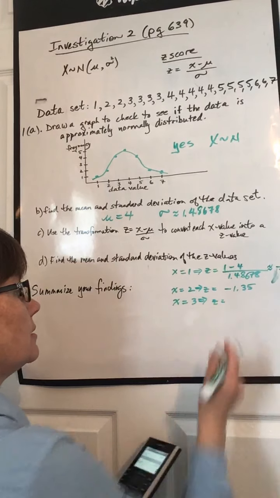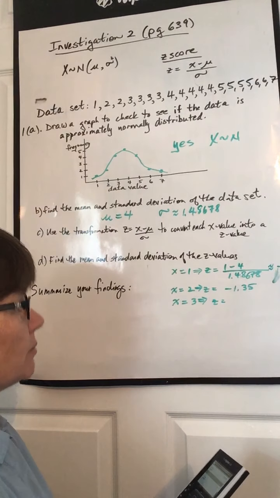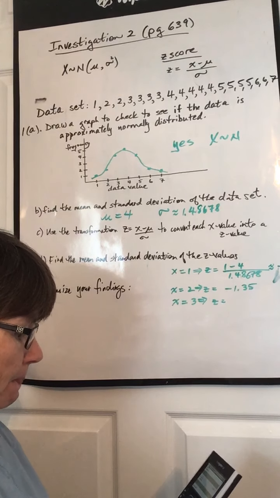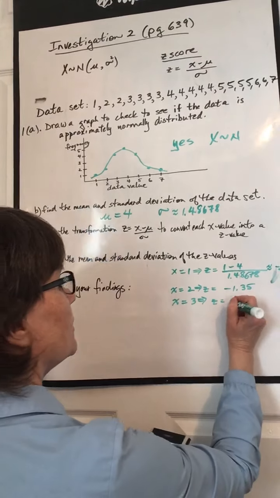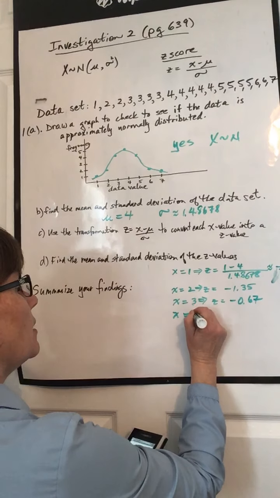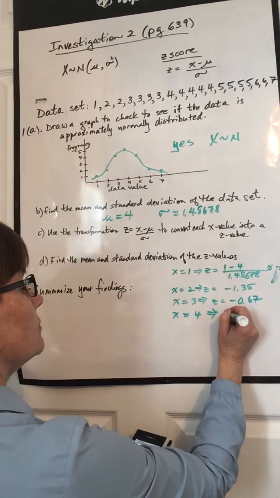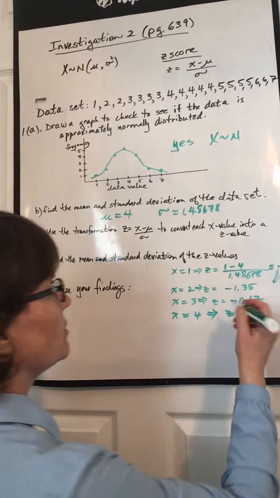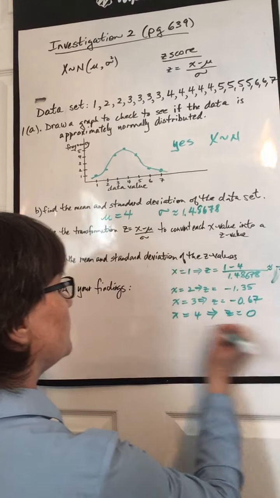Z is 3 subtract 4, which is negative 1, divided by 1.48678, which is negative 0.67. When x equals 4, 4 subtract 4 is going to be 0. Okay, so 0 divided by any number is 0.